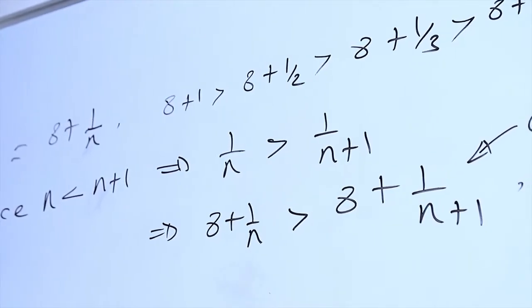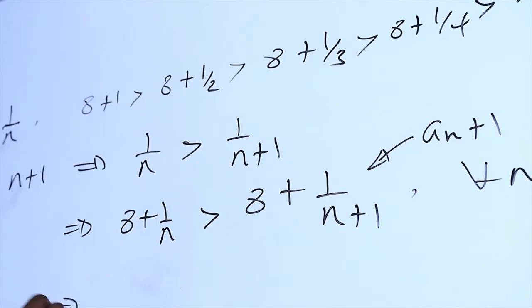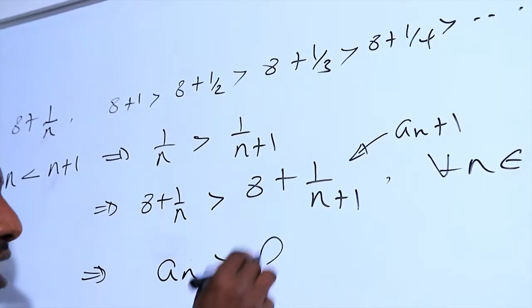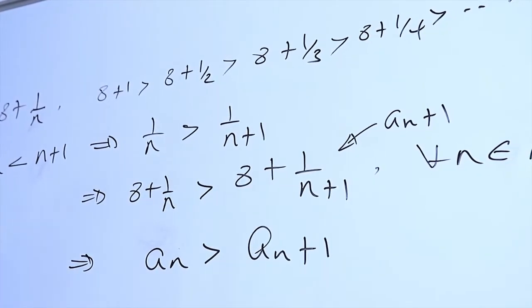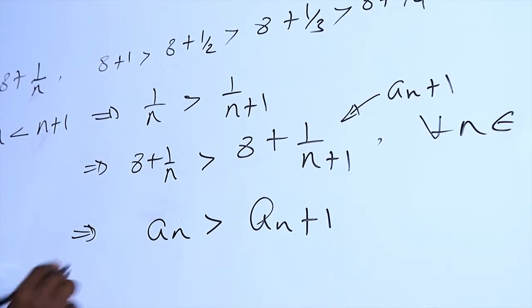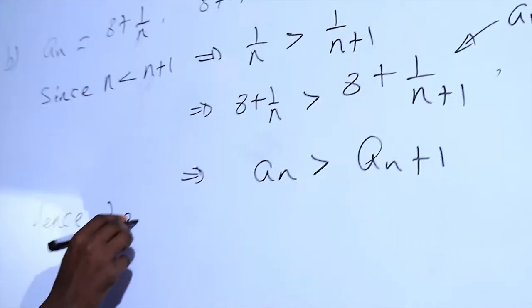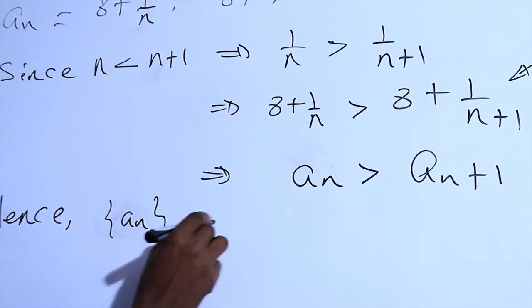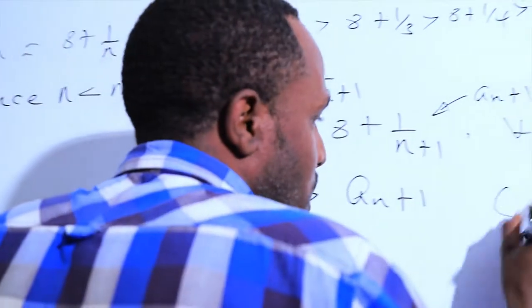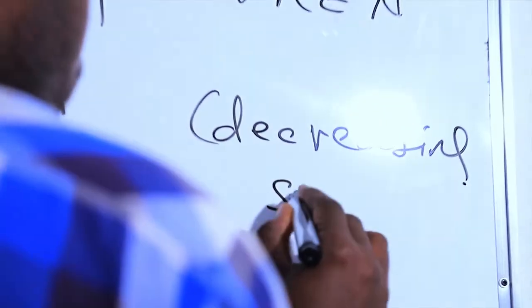Here, this one is a_n and this one is a_(n+1). So what did we get? As you can see, this implies that a_n is greater than a_(n+1). Therefore, hence, the sequence a_n is a decreasing sequence.